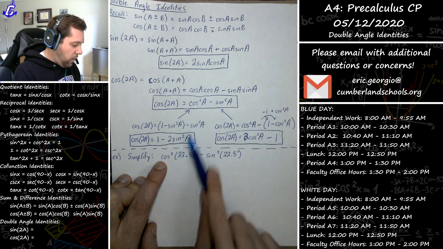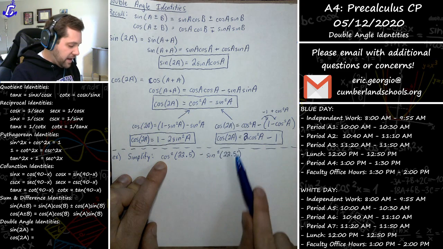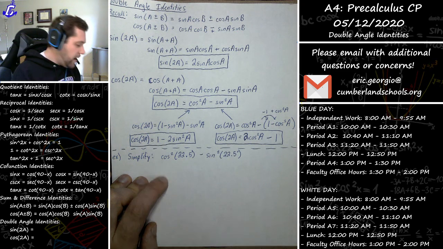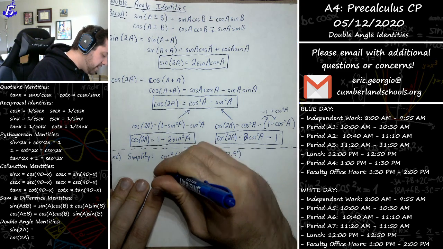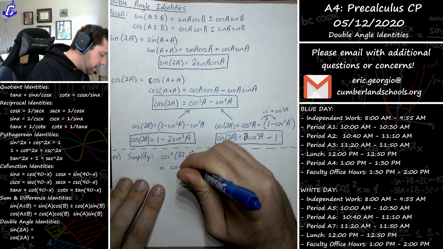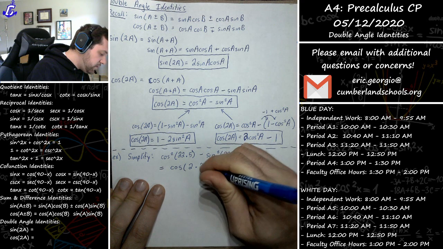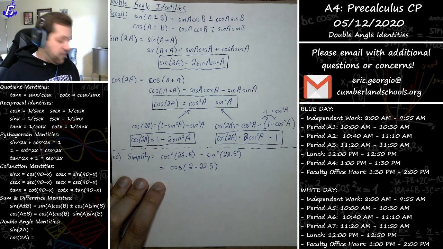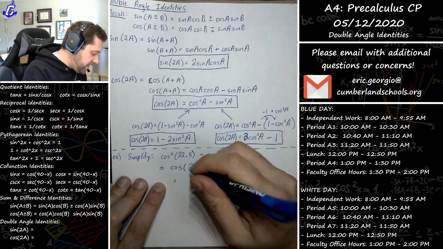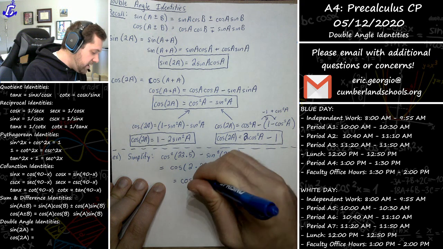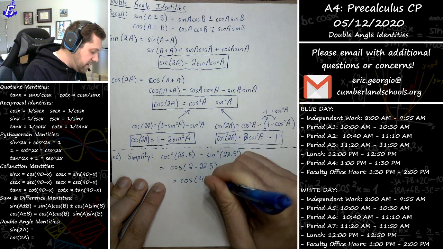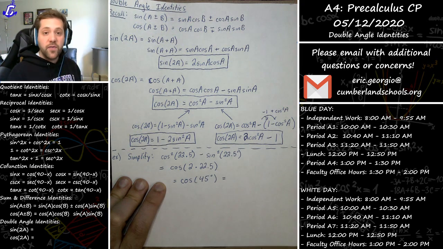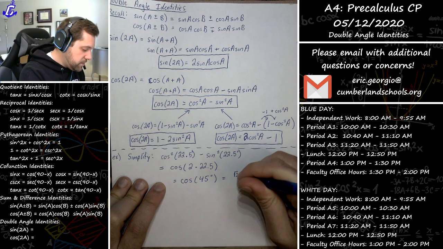A here being 22.5, because that's exactly how it matches up here. So this is the same as the cosine of 2 times 22.5 by applying our identity. And lucky for us, look at that. 2 times 22.5 is the cosine of 45 degrees. And what's the cosine of 45 degrees? Of course, it's √2 over 2.